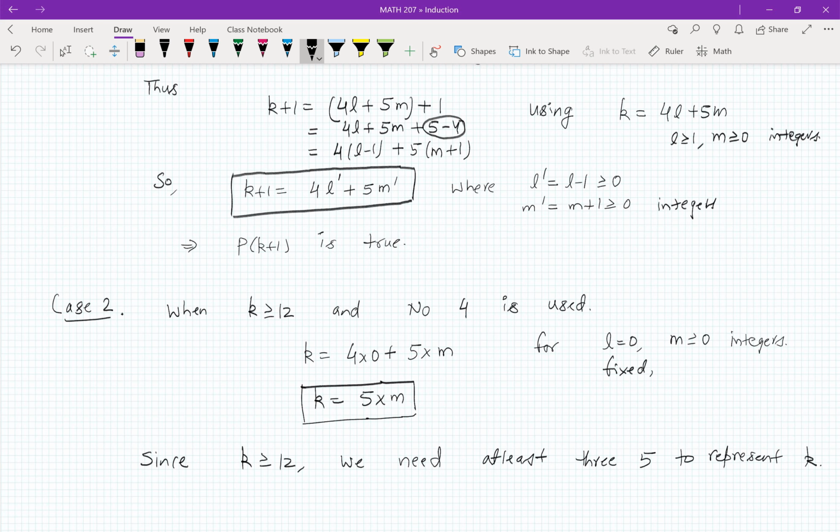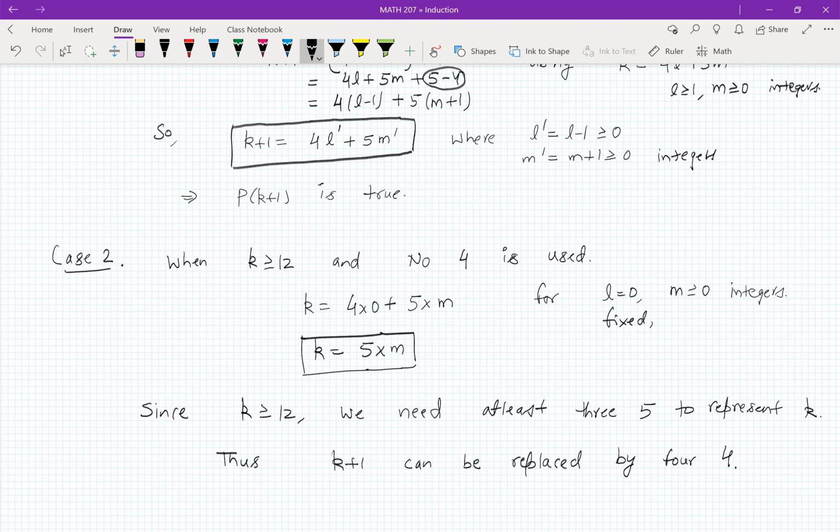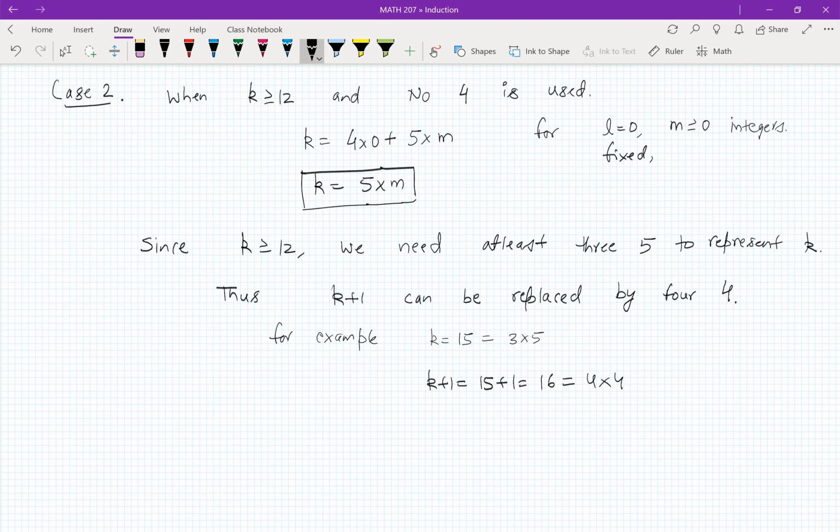Since k is greater than or equal to 12, we need at least three 5s to represent the integer k. Thus k plus 1, which is the next integer, can be replaced by four 4s instead of the three 5s that represented k.